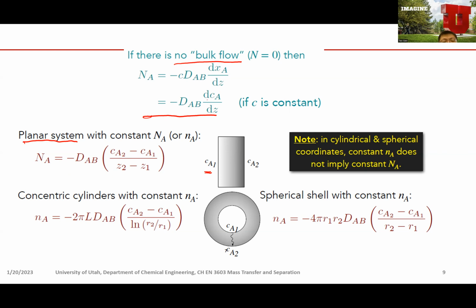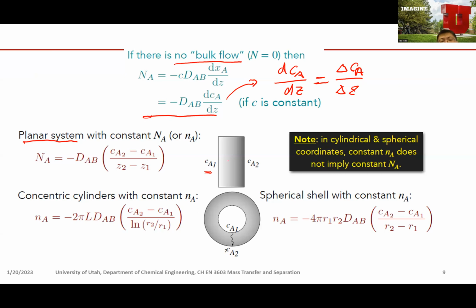We can just plug everything into this equation, right? Here, we can approximate the derivative by a difference. We can simplify dCA over dZ, because we don't know the concentration profile in this membrane, but what we can do is use the difference of CA to approximate the derivative.